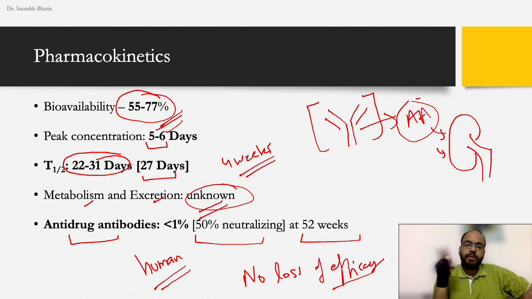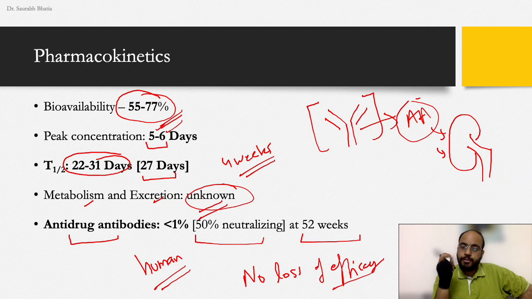But in contrast to secukinumab, when we give secukinumab, the anti-drug antibodies are less than 1% and half of them are neutralizing. That is why on subsequent exposure to secukinumab, we don't see much loss of efficacy.